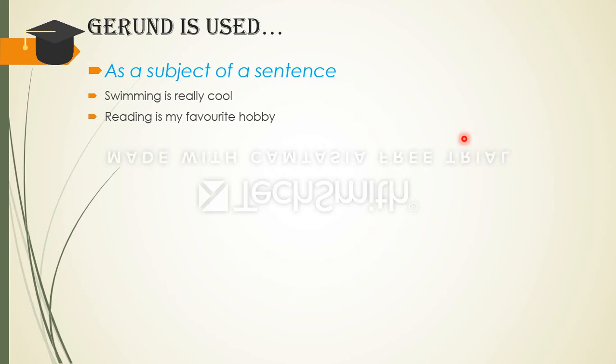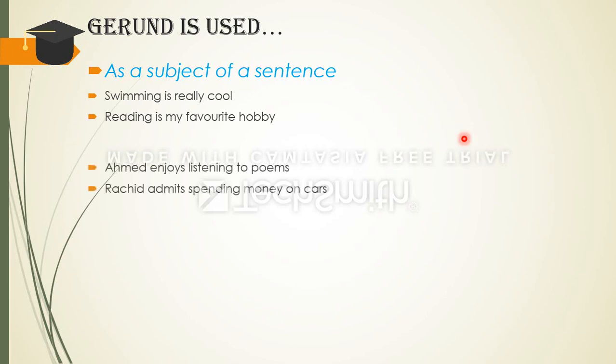I read books, here I'm using a verb. But when I start my conversation about reading, I have used a noun. Or when you want to say, for example, playing football is really cool, I'm not speaking about play as a verb, but as a noun. And this is the first use.